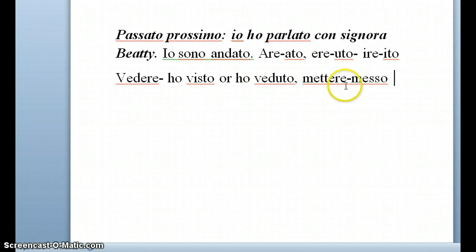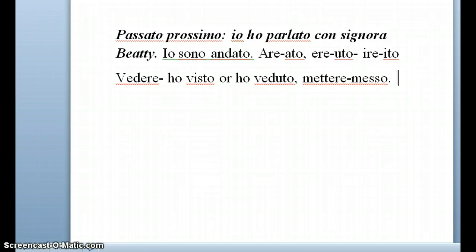You're supposed to be able to understand this already, and when you understand this, that's when you'll be able to use it in context. If a teacher was ever to ask me what I did yesterday, sono andato al cinema. I went to the movies. So that's especially for speaking and for writing as well.